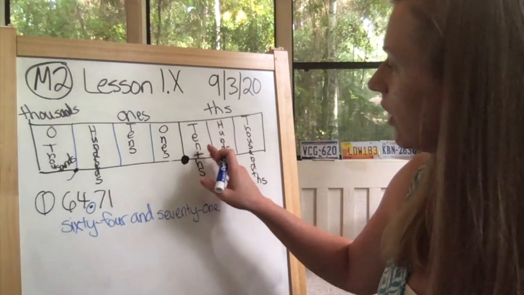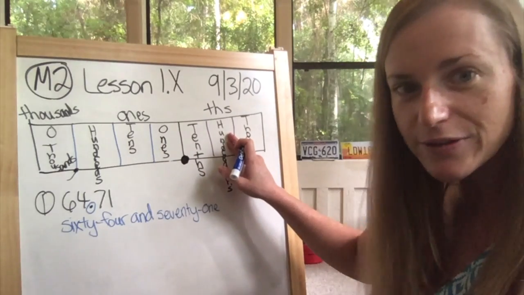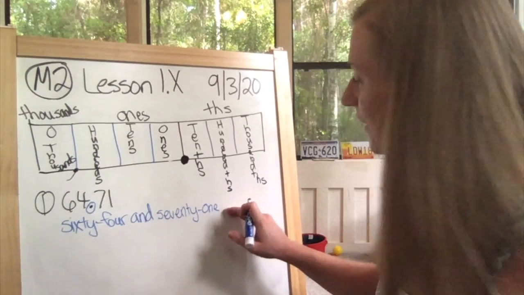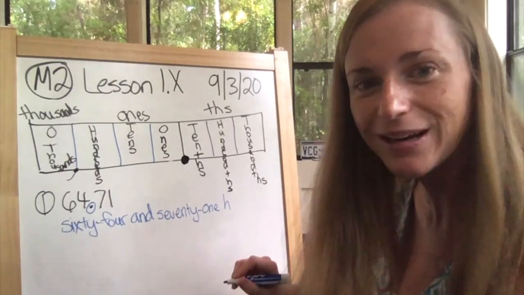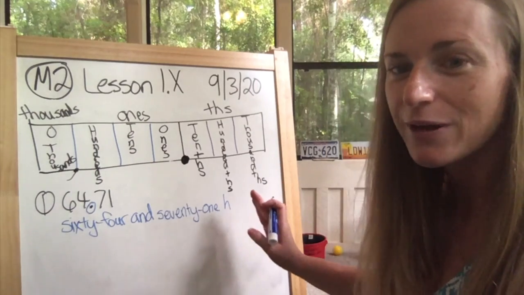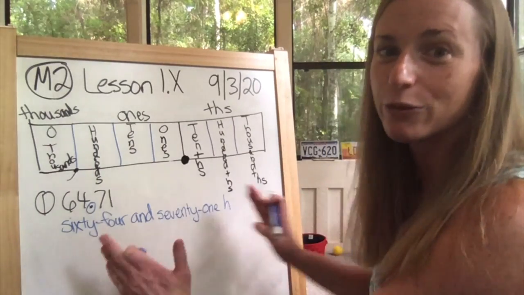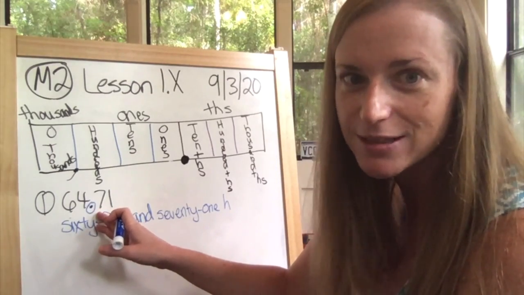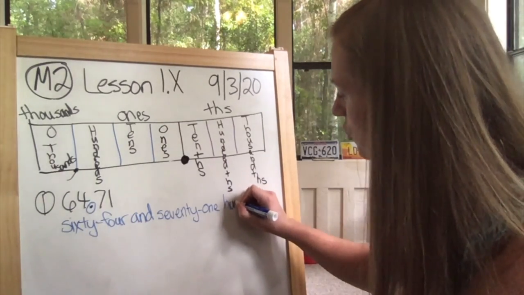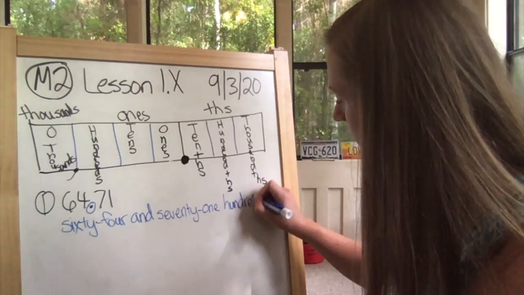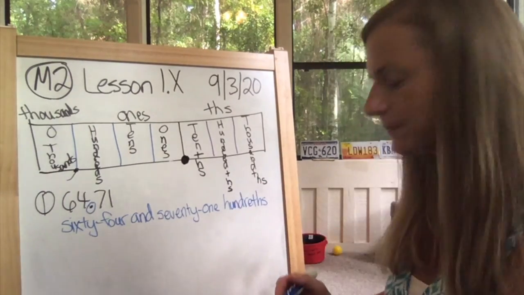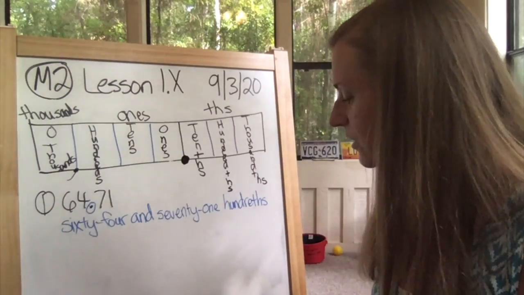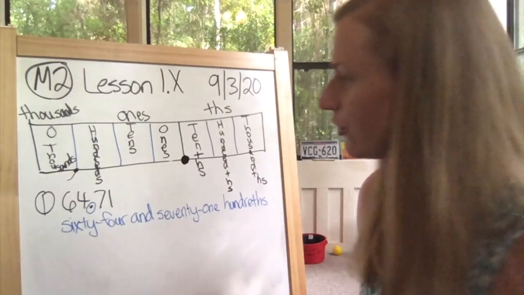I check my chart, it's in the hundredths place, so I put the word hundredths at the end here. It's not complete unless you have a THS at the end of your word form when you're writing word form of something that involves a decimal. So hundredths.